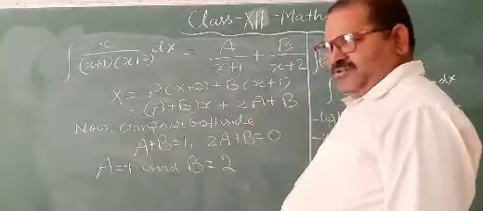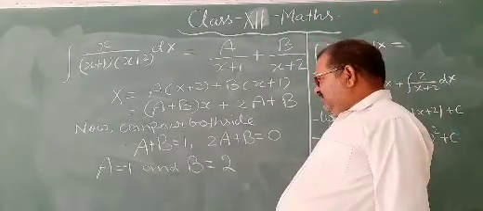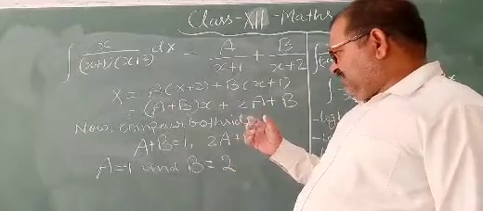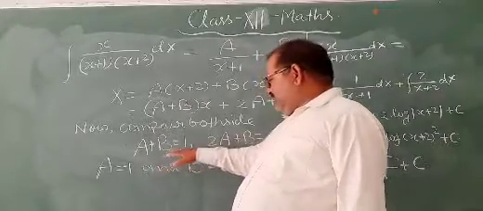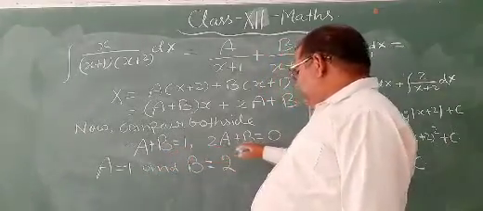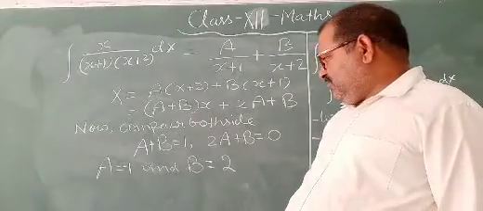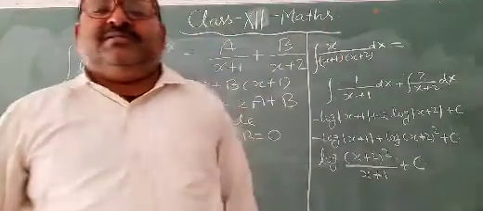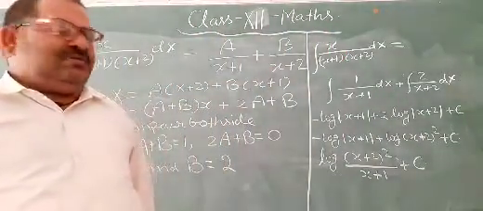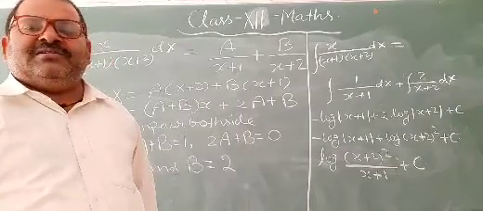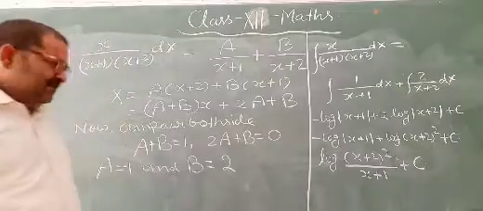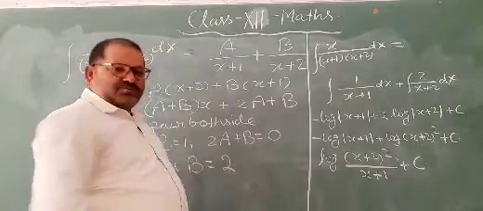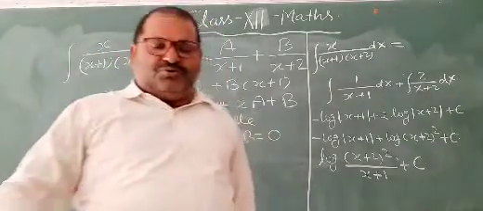Now compare the coefficients of x and the constant from both sides, we get a plus b equal to 1 and 2a plus b equal to 0. Solving these equations, we get a equal to minus 1 and b equal to 2.